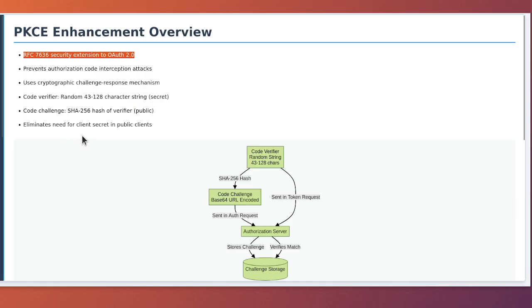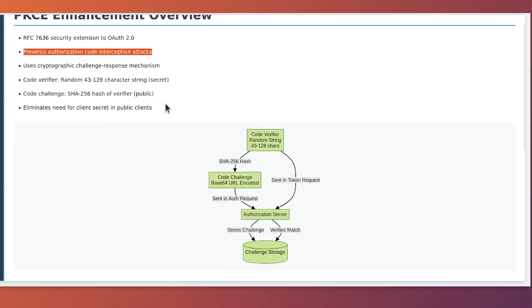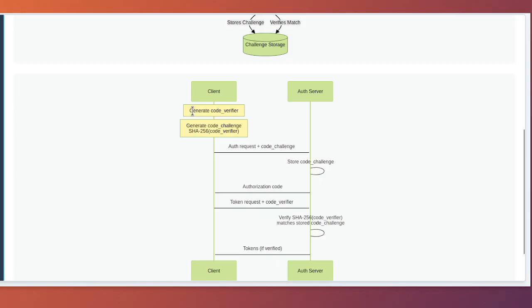The fundamental problem PKCE solves is the vulnerability that exists when authorization codes are transmitted via redirects through potentially insecure channels. In a traditional authorization code flow without PKCE, an attacker could intercept the authorization code during the redirect from the authorization server back to the client application.